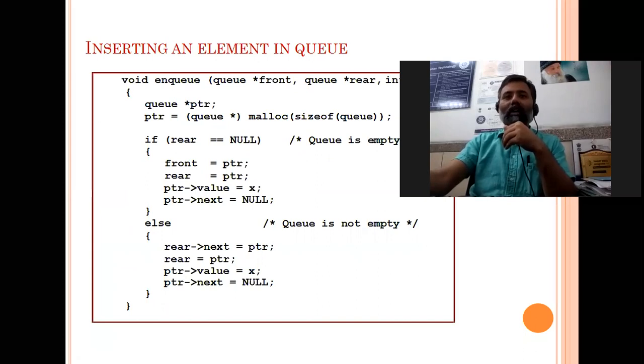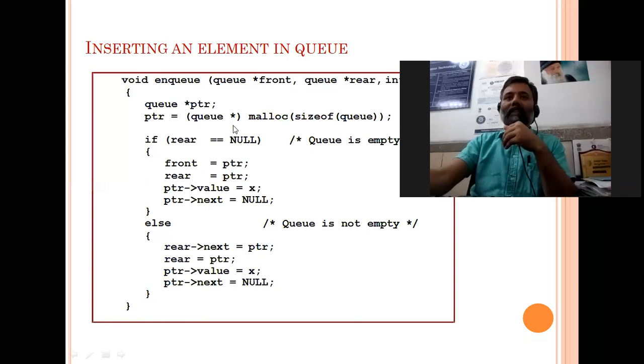So you can take it as a singly linked list, but we are restricting it, so we can insert only at the end. So we are taking a pointer PTR to store the allocated memory for the new node. We are using the malloc function with size of queue. This will allocate memory.